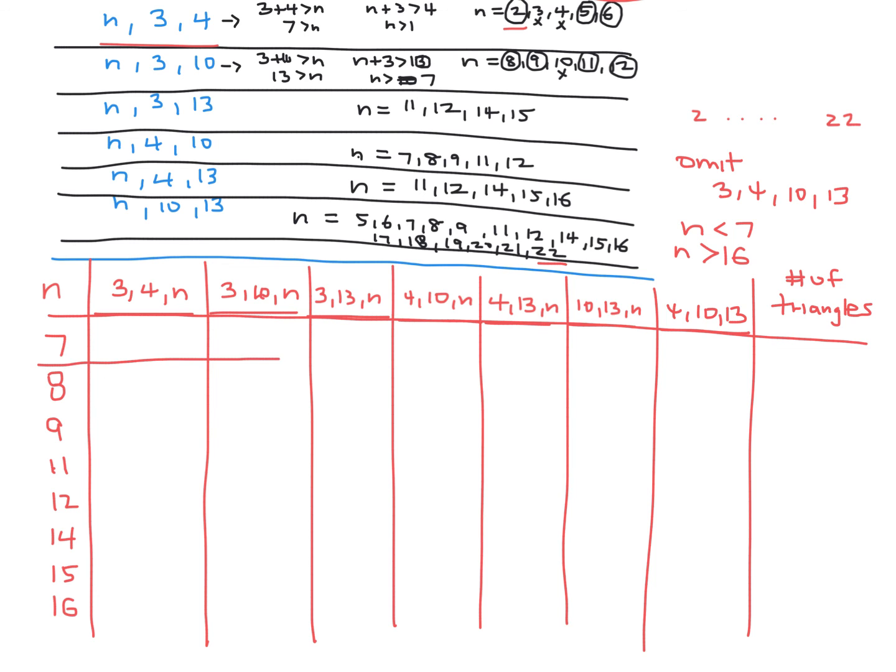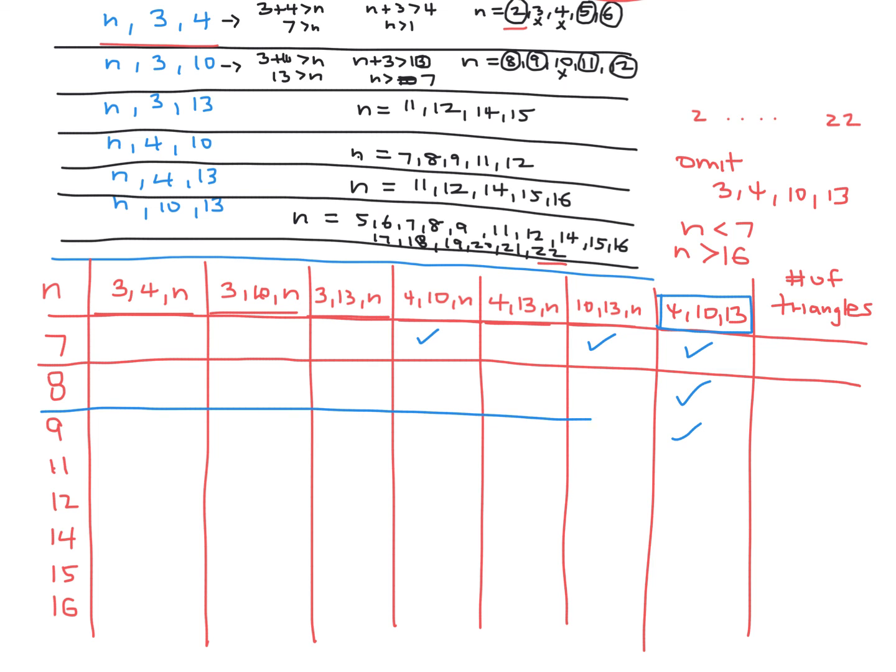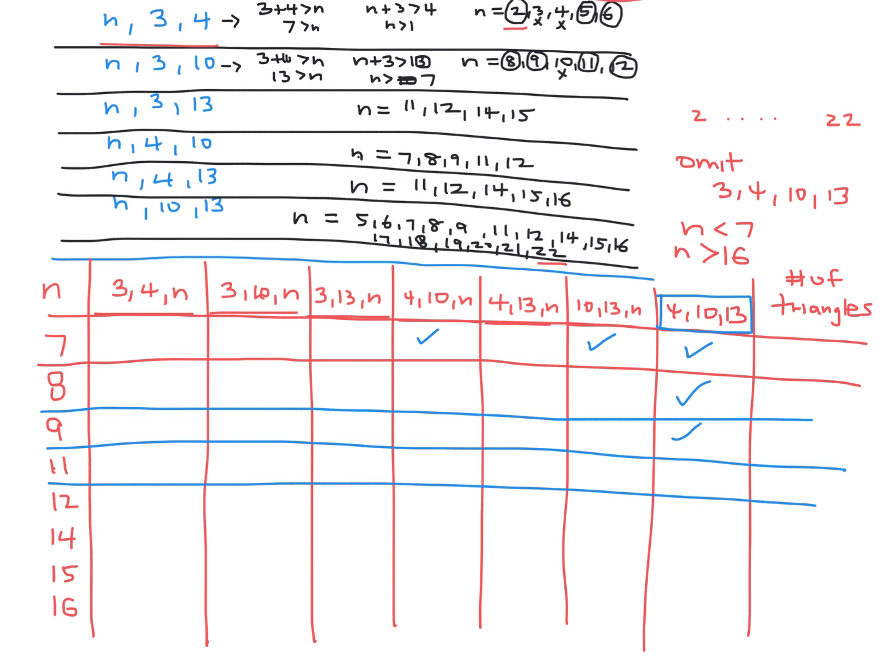Okay, so here we go. If n is 7, which ones will satisfy the triangle inequality? I'll just put a check mark there. This one is already a pre-made triangle, so this was always going to be satisfactory. So I can just put a check mark there for everything, because that's already made.